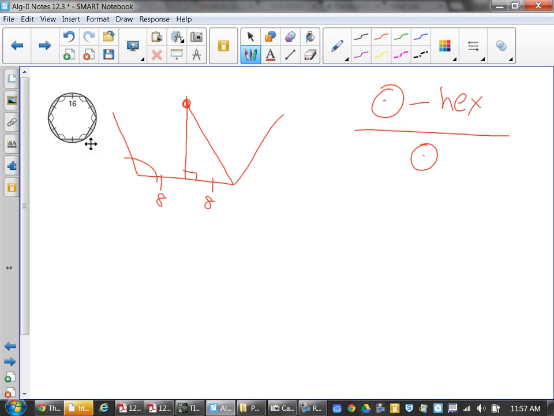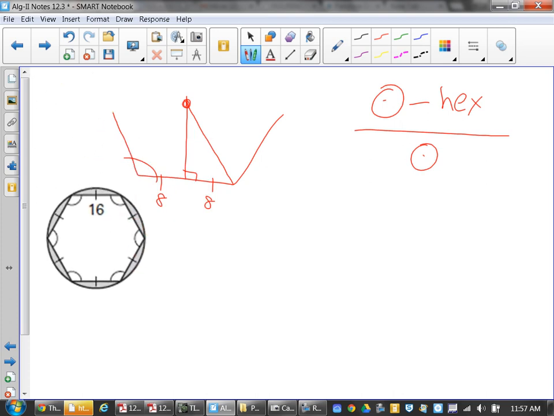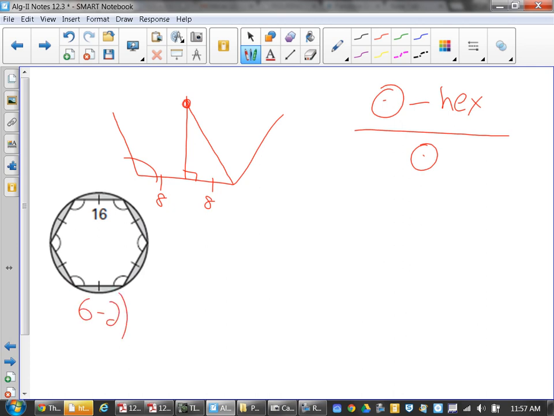When you do that, you have 6 sides, subtract 2, times 180. That gives you the sum of everything. Divided by 6, and you get 120 for your base angles. And then you divide it by 2 and it's 60.